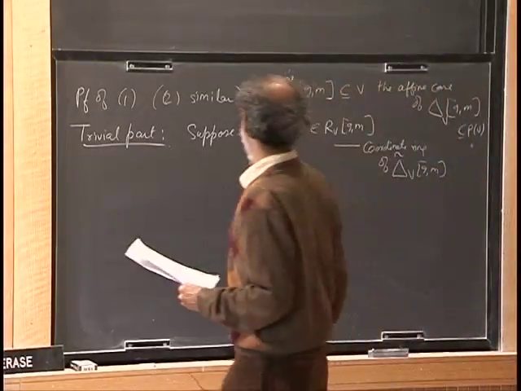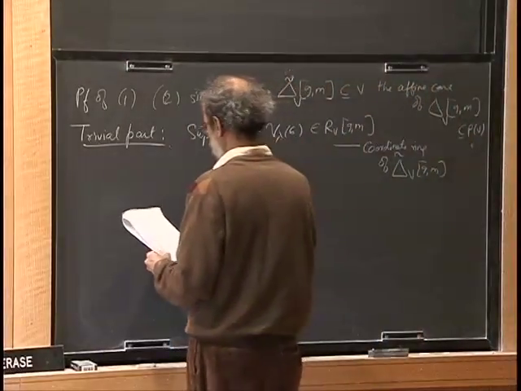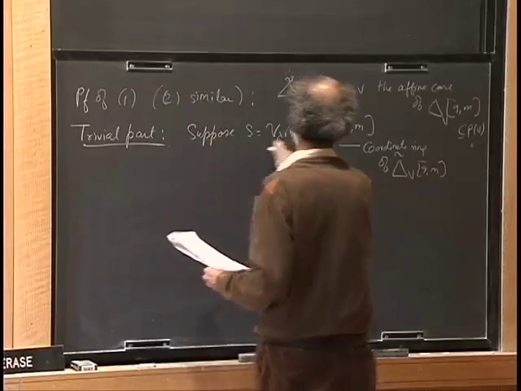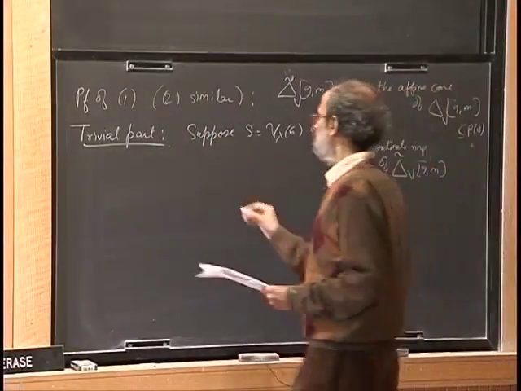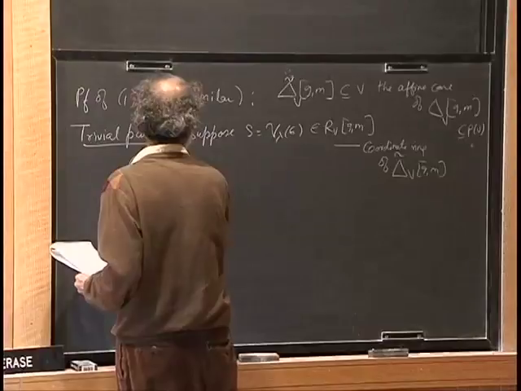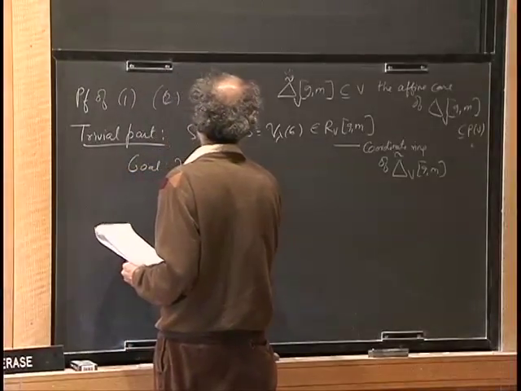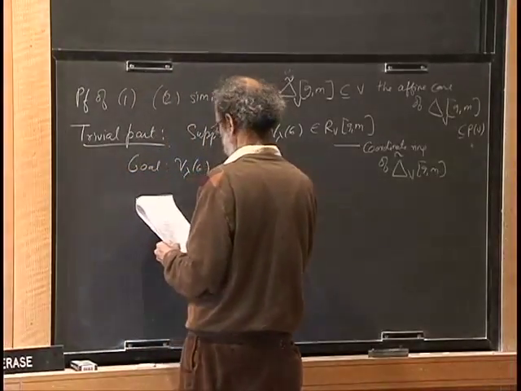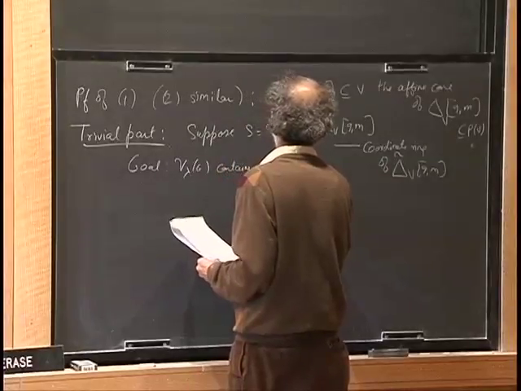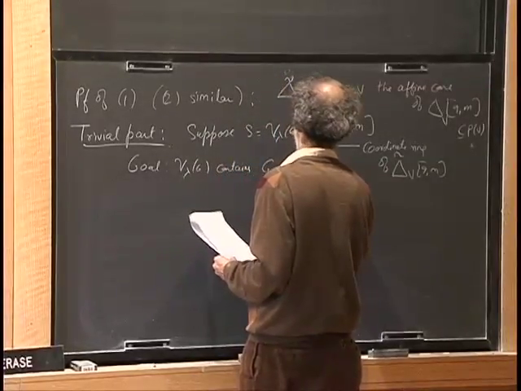Now suppose this belongs to this. What we want to show is that V lambda G contains, assuming this, G hat invariant. This is what we want to show.